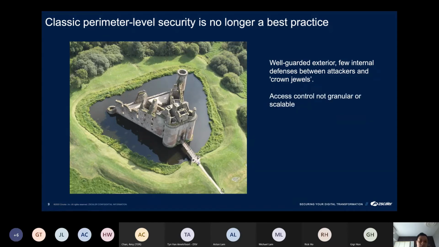Another deficiency we have observed is that this model in many cases is not granular enough. In many cases, it's probably just doing some port number control or application-level control, but doesn't leverage identity enough. And during access, for example, if you're doing remote access from VPN, probably you do identity-based or device posture checks.